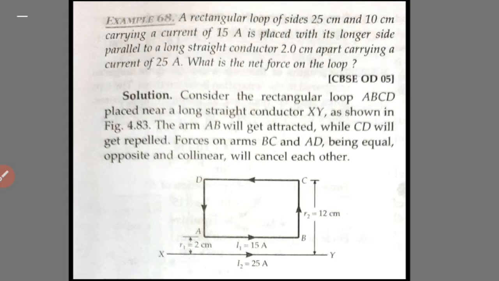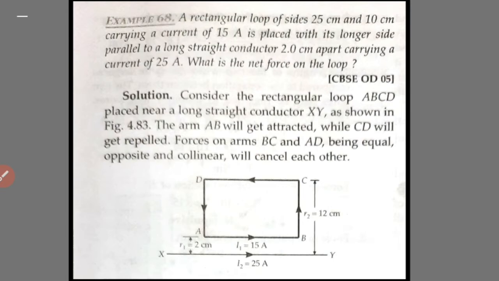So as you can see from the diagram, there are four sides of the loop, and the sides AB and CD will be experiencing forces, and the net force will not get cancelled.